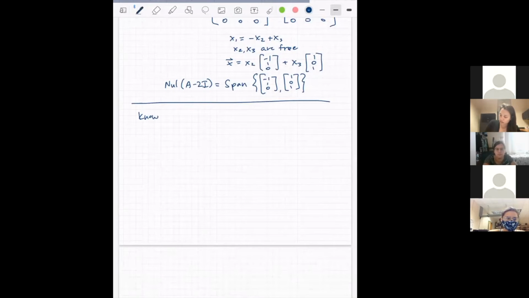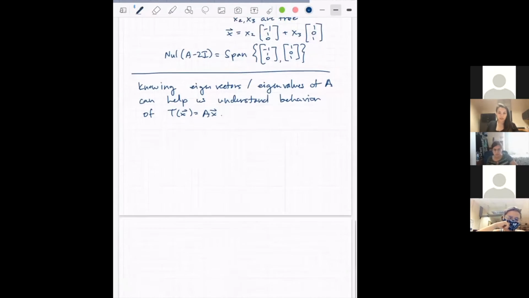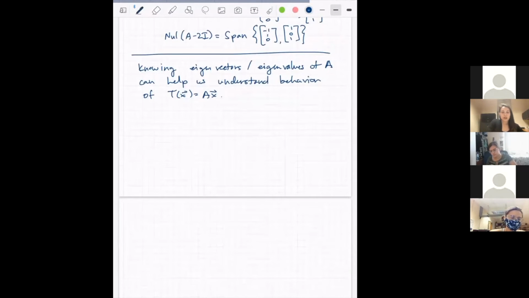So knowing the eigenvectors and eigenvalues of A can help us understand the behavior of these linear transformations, right? So let's look at an example.